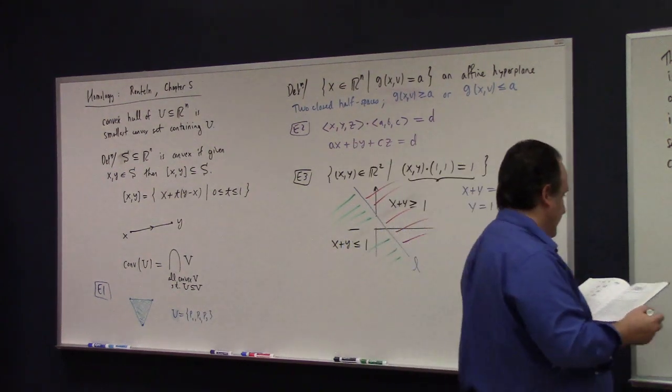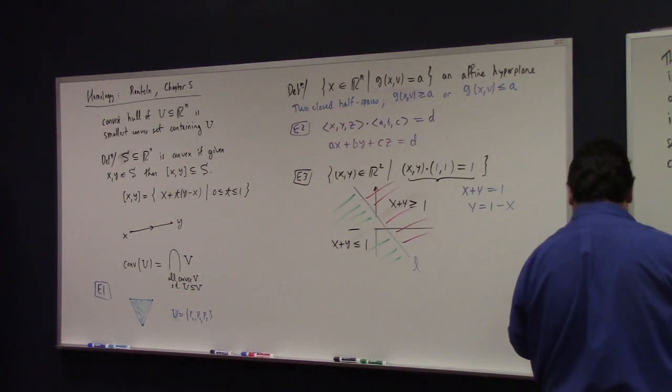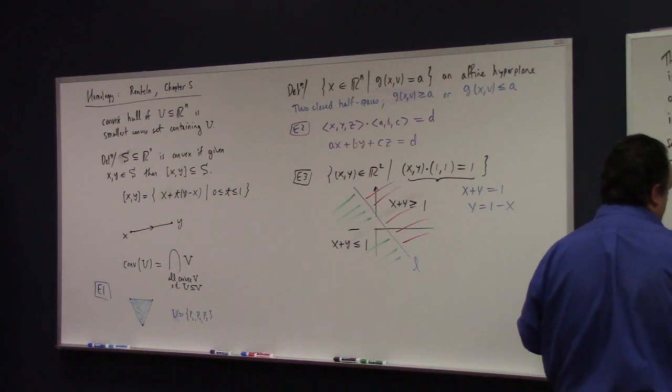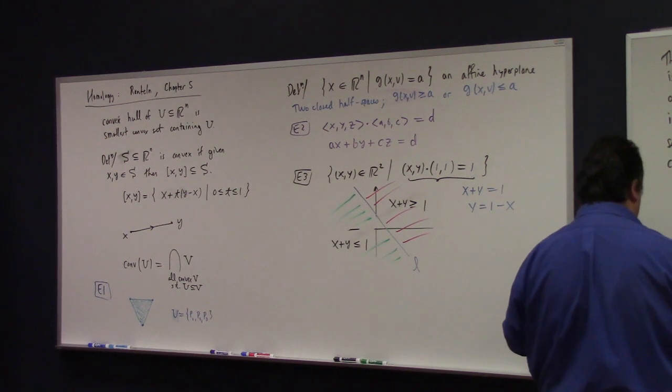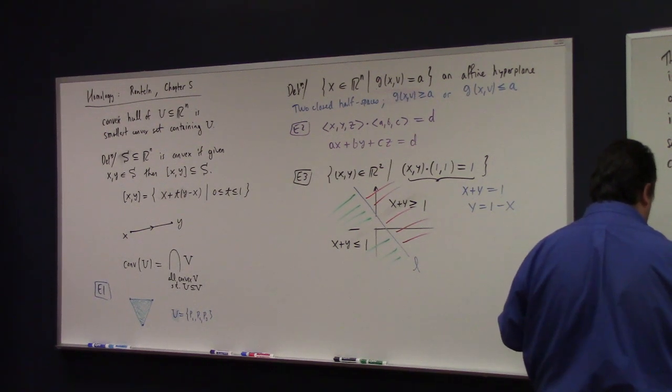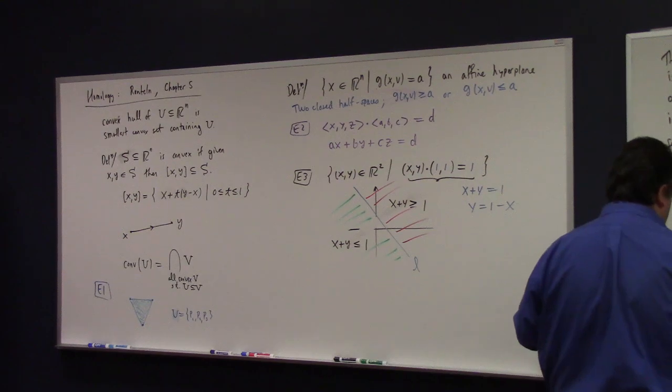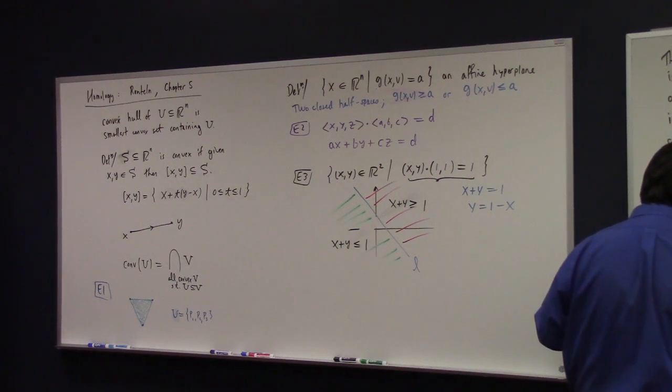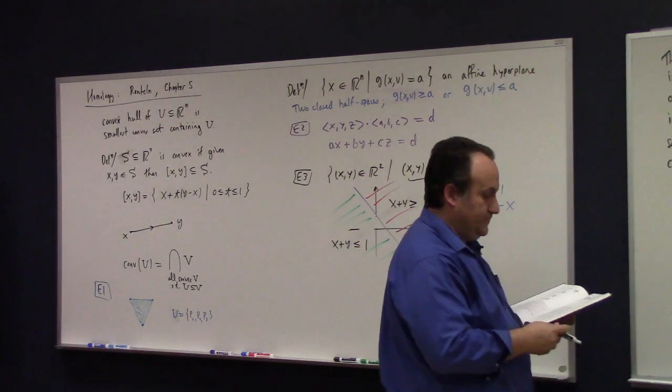Some pictures we should be thinking about for polytopes are a triangle, a square, maybe a tetrahedron, a cube. These are all examples of polytopes, all right?